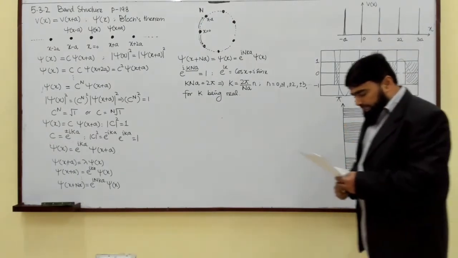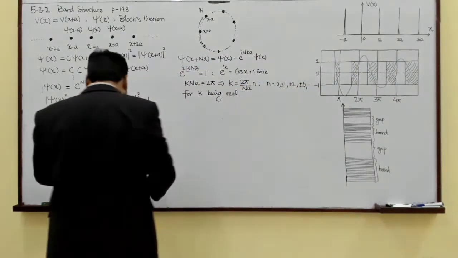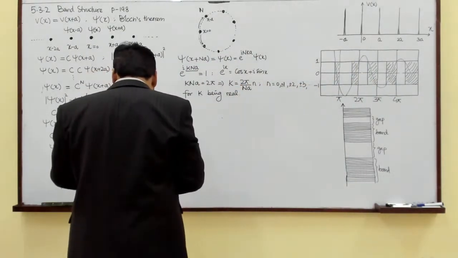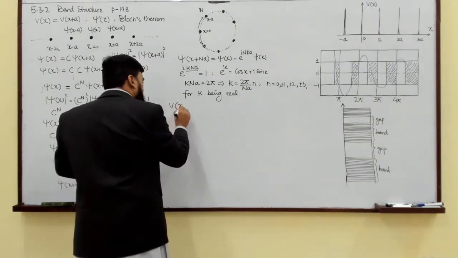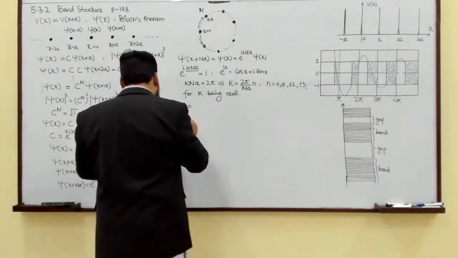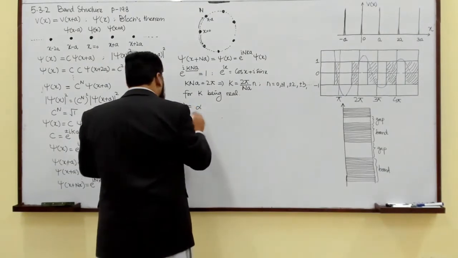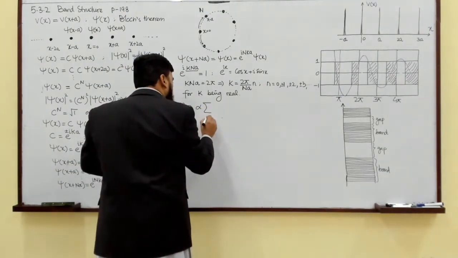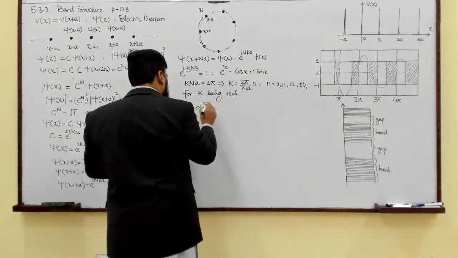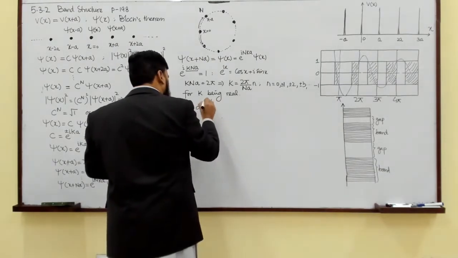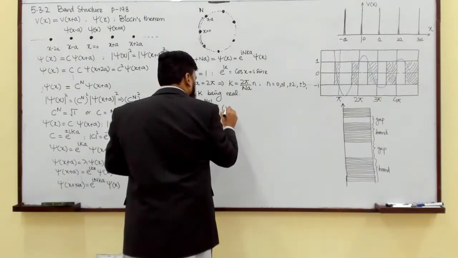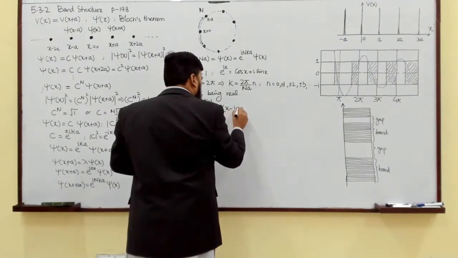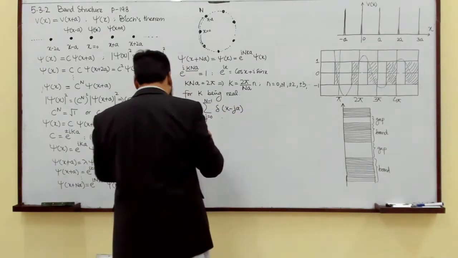So I can write the Dirac delta potential V of x as alpha times the summation, where j runs from 0 to n minus 1, of delta of x minus ja.